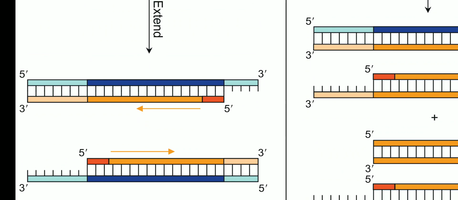If the temperature of your annealing is higher than your extension temperature, then they will separate, and as there will be no primer, there will be no extension, even though there is a presence of DNA polymerase. DNA polymerase only replicates the DNA when there is a primer, and due to this, there will be no primer attached to your desired gene, so there will be no replication. So the annealing temperature must always be lower than your extension temperature.